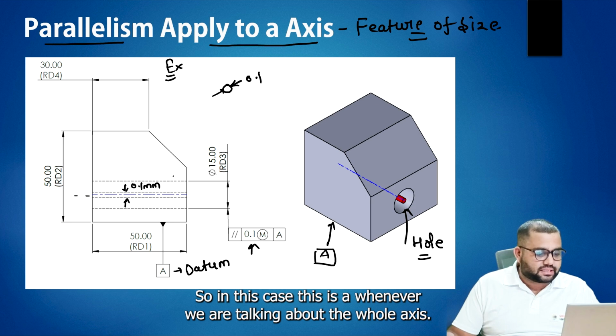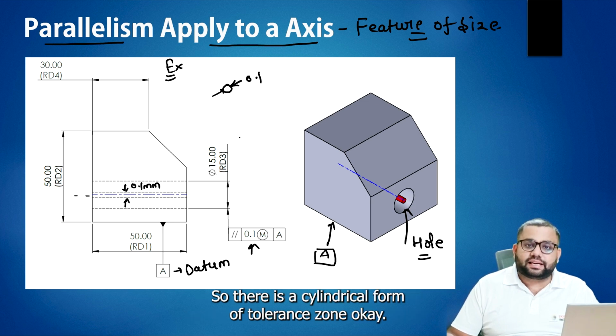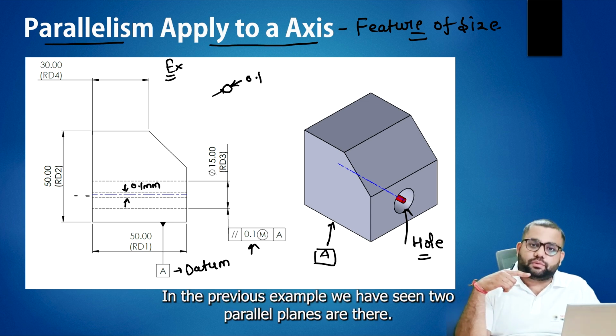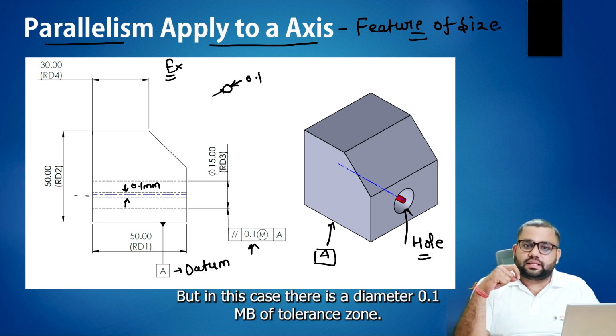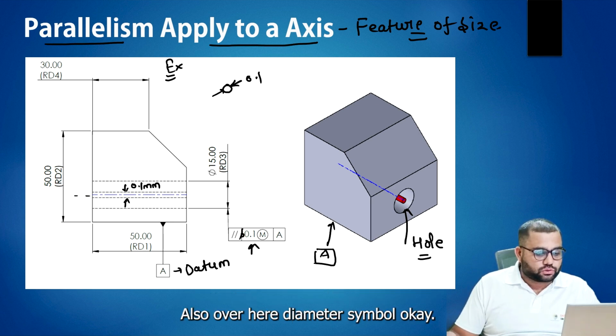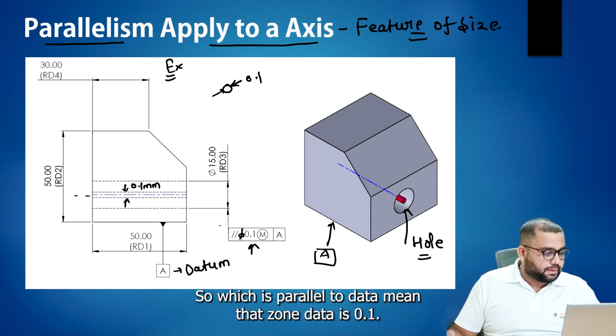Whenever we are talking about the hole axis, there is a cylindrical tolerance zone, not two parallel planes. In the previous example, we saw two parallel planes, but in this case, there is a 0.1 mm diameter tolerance zone. So you can apply it like this, with the diameter symbol, parallel to datum A, the zone diameter is 0.1 mm.